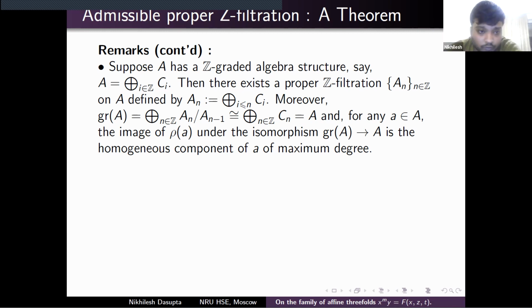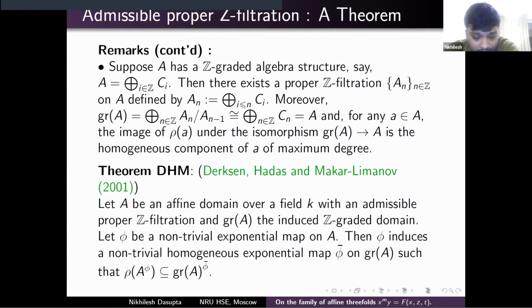This will be used. And this is a famous theorem of Daigle, Kaliman and Makar-Limanov from 2001, which will be needed in our proofs. I won't be able to give a proof of this theorem; it is much further away from what we are doing. Let A be an affine domain over a field with an admissible proper Z filtration, and GR(A) be the induced Z-graded domain.